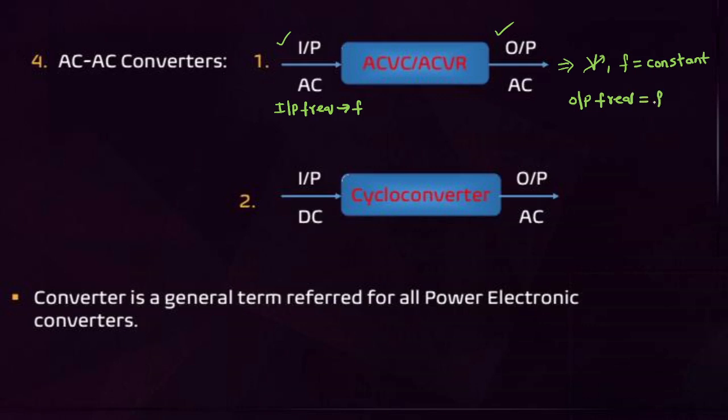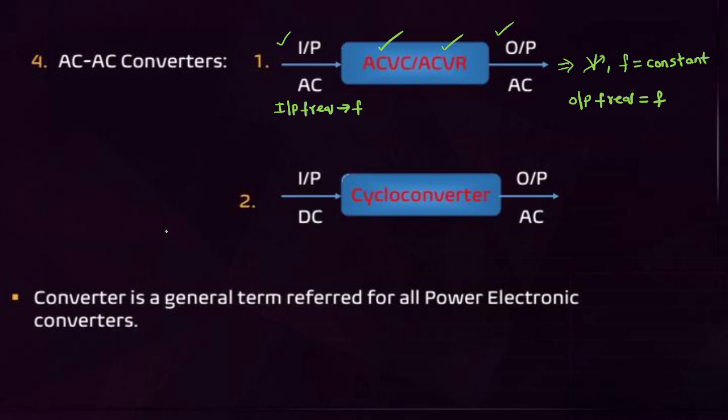Output frequency is also F. Only which is variable here? Voltage is variable. Those converters are called AC voltage controllers, or they are also called AC voltage regulators. The converters which convert AC to AC with variable voltage and constant frequency. Important: voltage is variable, frequency constant. Those converters are called AC voltage controllers.